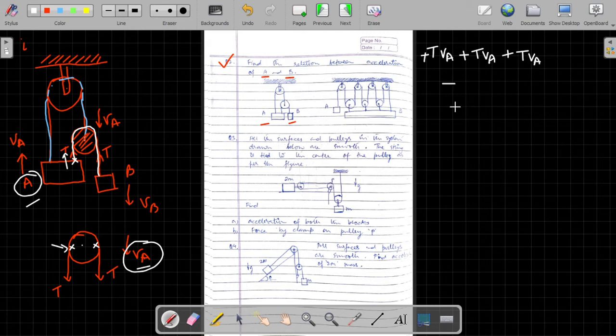After that, we subtract T into VB, since tension and velocity are in opposite directions. This is equal to 0. So we write 3 VA is equal to VB, and this implies 3 times the acceleration of A is equal to the acceleration of block B. So this is the first relation we have come up with.